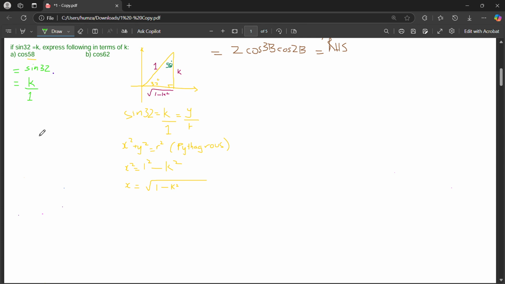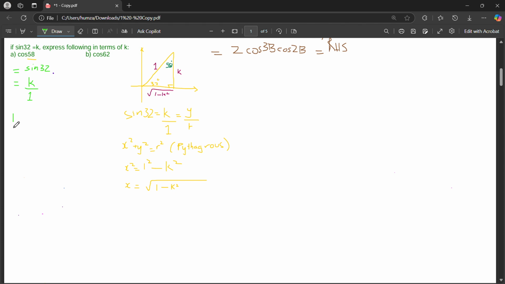So cos 58 is the same as sin 32. Why? Because they are co-functions, and we can say that cos 58 is equal to sin 32, and sin 32 is equal to k over 1. So we have expressed this in terms of k.